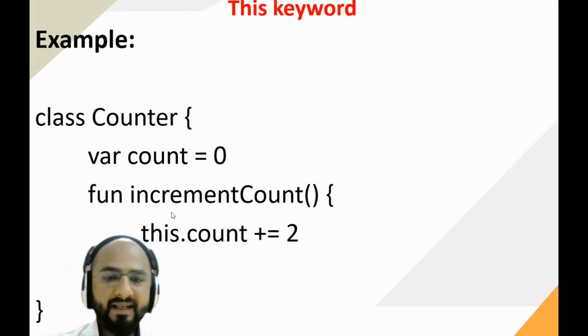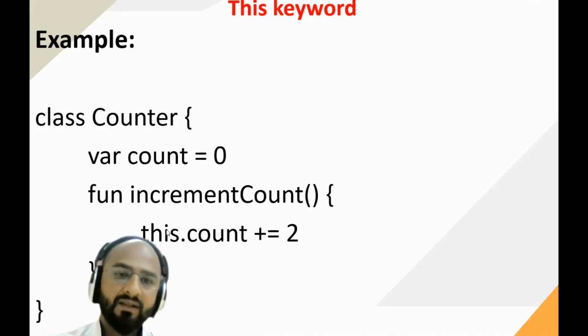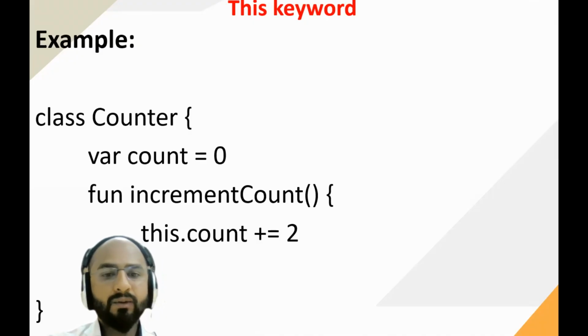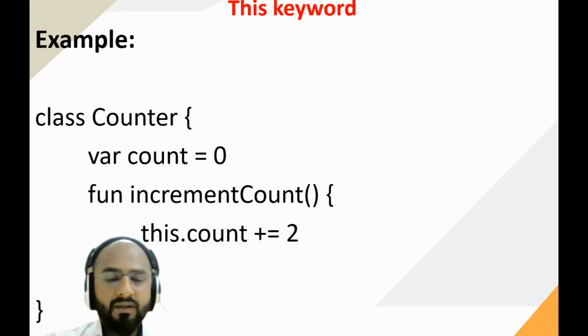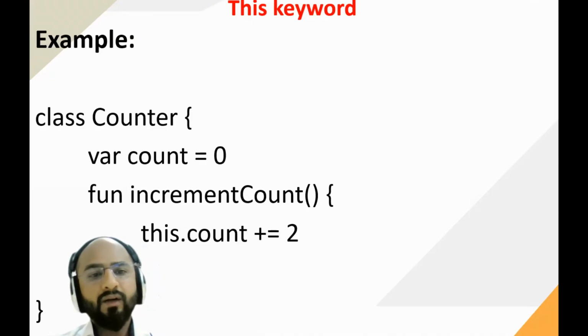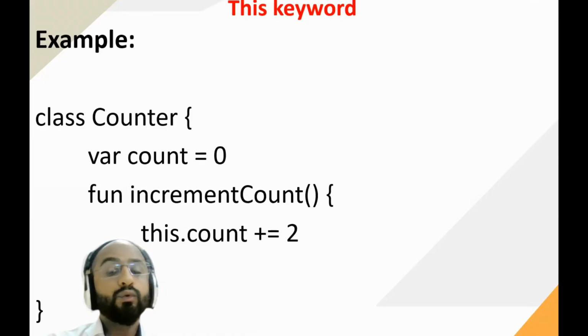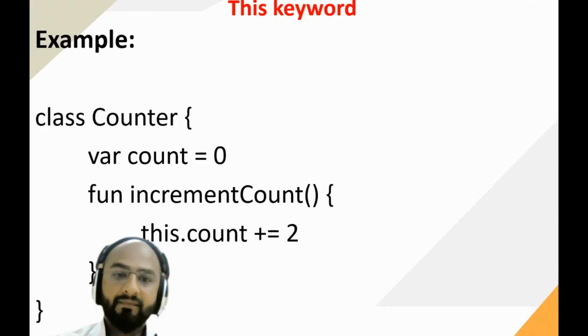So you can see the this keyword is used here. I am referring to the particular object by using this keyword. Now say for example, we have 3 objects of that Counter class: counter1, counter2 and counter3. When I call the incrementCount method by using the counter1 object, it will only increment the value for that particular object.